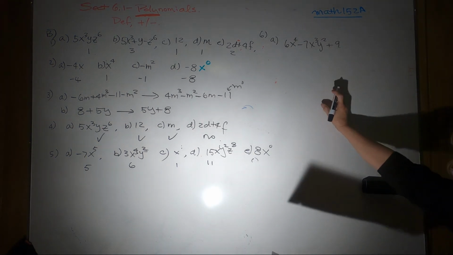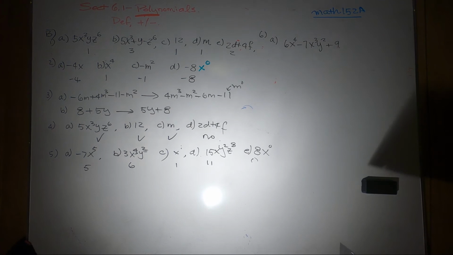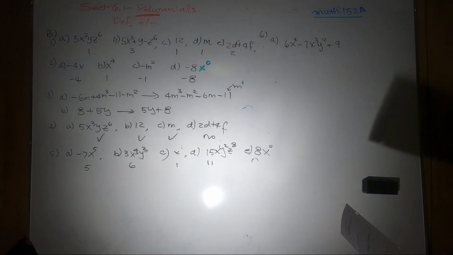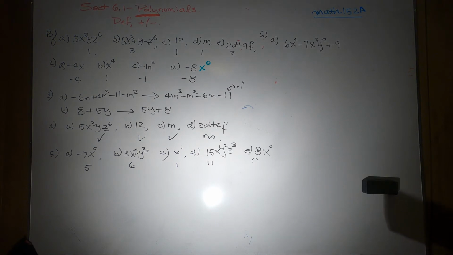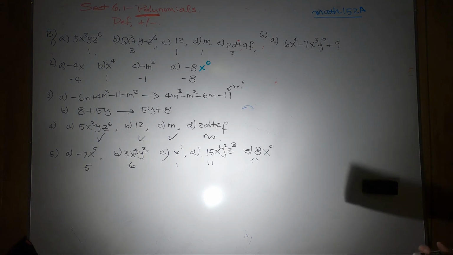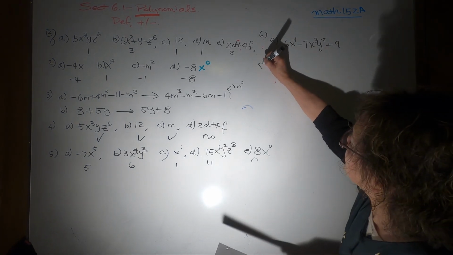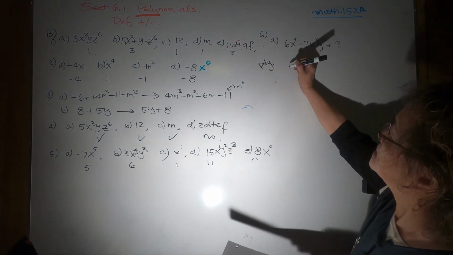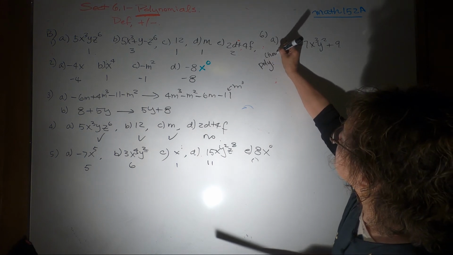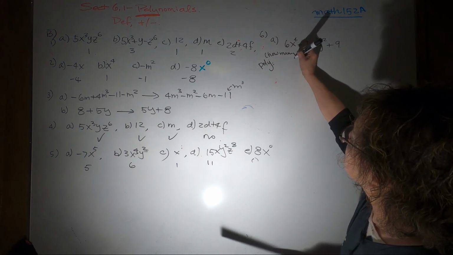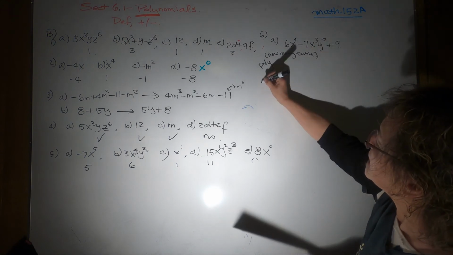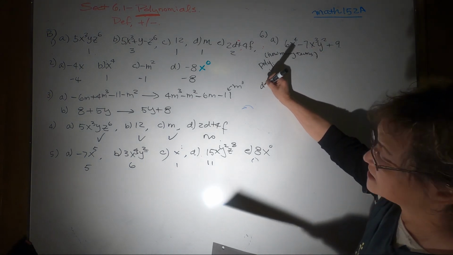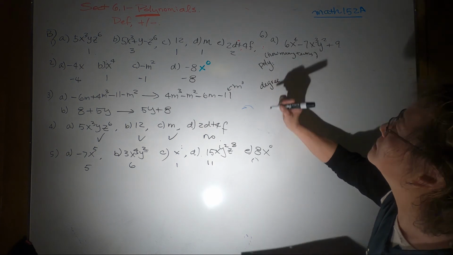So we will classify the polynomial with what? How many terms they have and what's the degree. Okay, so we would classify them by how many terms, and also classify it by degree, okay?